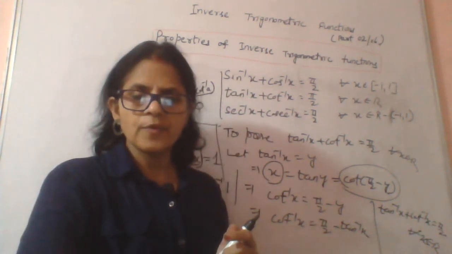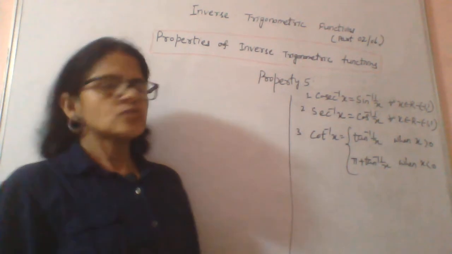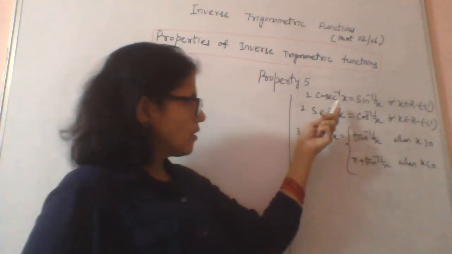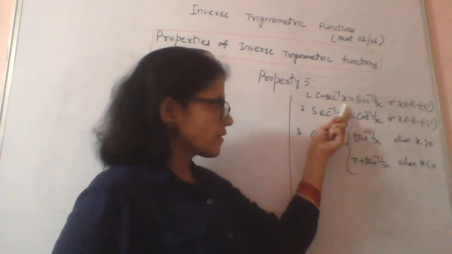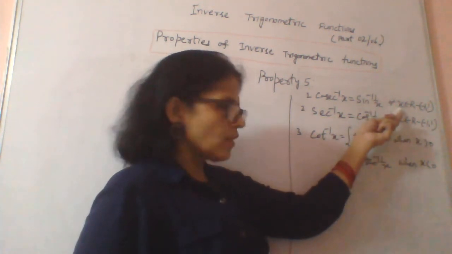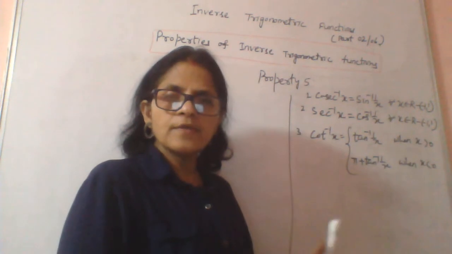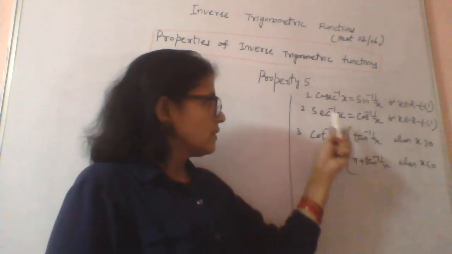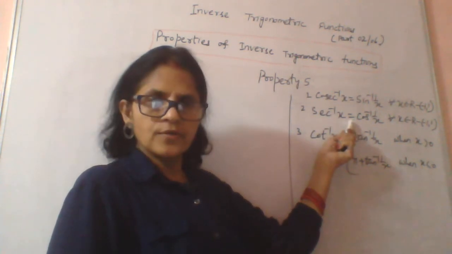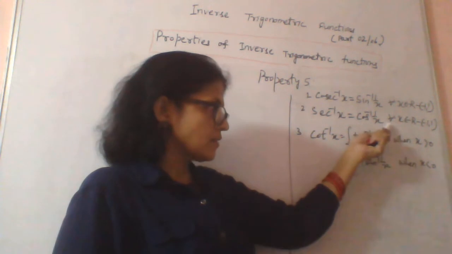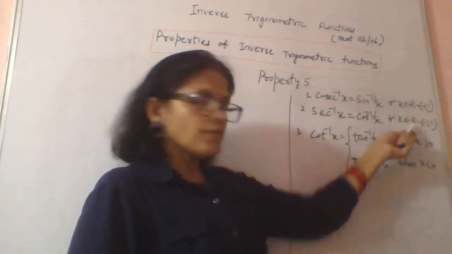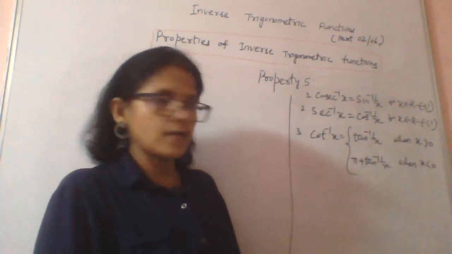Next, let's go for property number 5. So look at the properties. It has 3 parts. First part is prove that cosec inverse x equal to sin inverse 1 by x for all x belongs to set of real numbers except open interval -1 1. Second part is sec inverse x equal to cos inverse 1 by x for all x belongs to set of real numbers difference open interval -1 1.